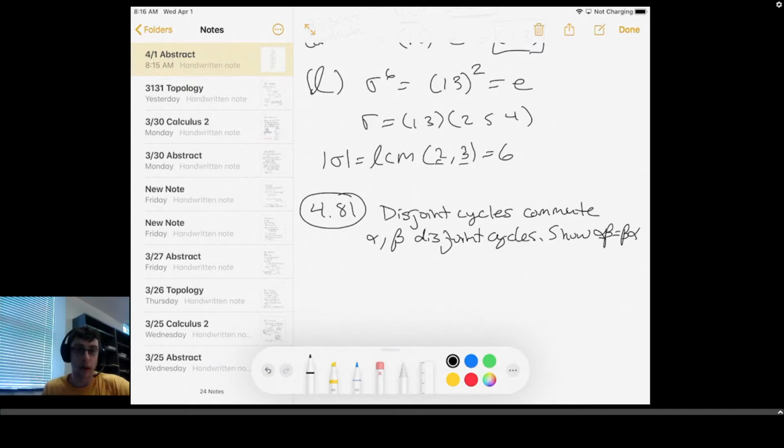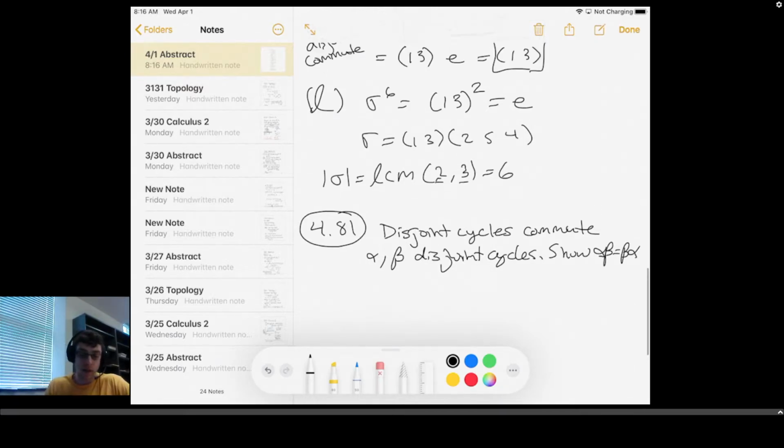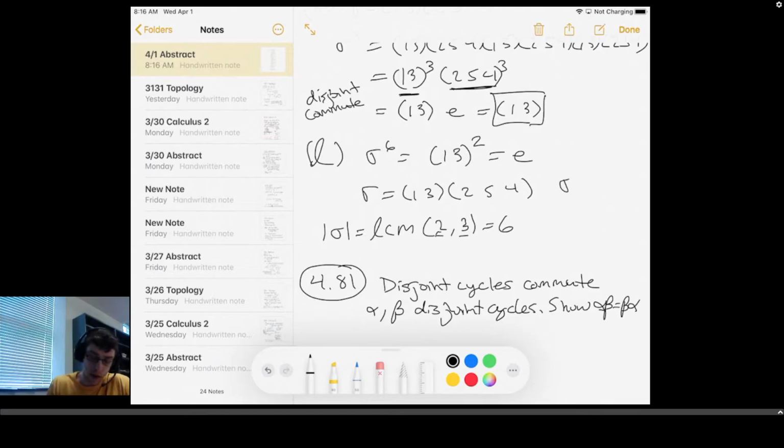Why am I using the LCM of 2 and 3? Well, I'll prove it rigorously in 485, but the idea is basically that sigma to the K is going to be 1,3 to the K times 254 also to the K. And if this is equal to E, well, the fact that these affect different pieces means that these both have to be E simultaneously.